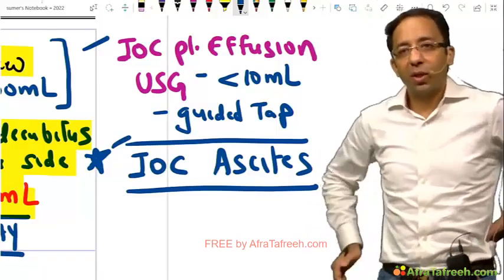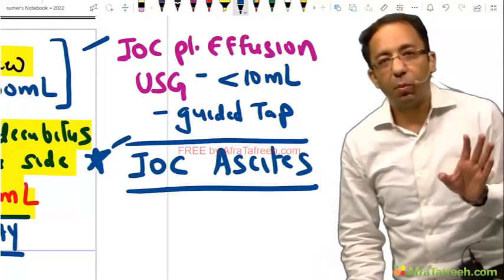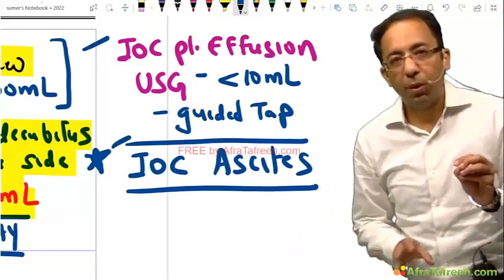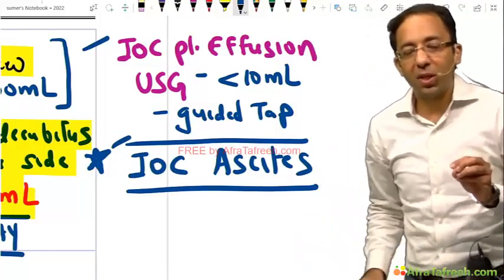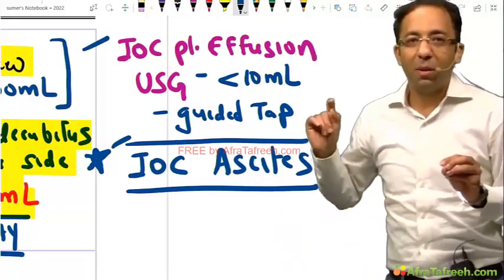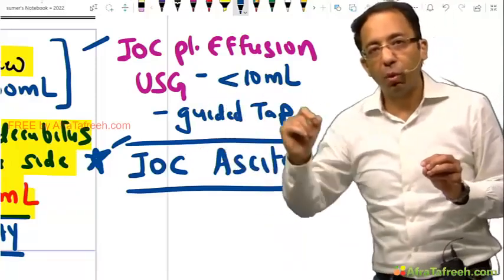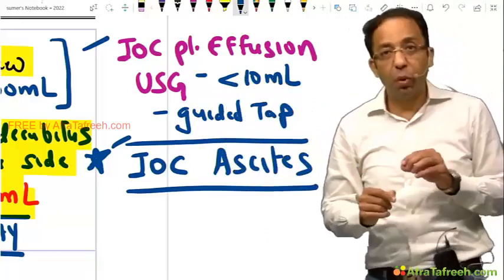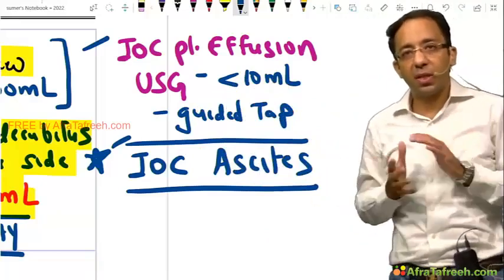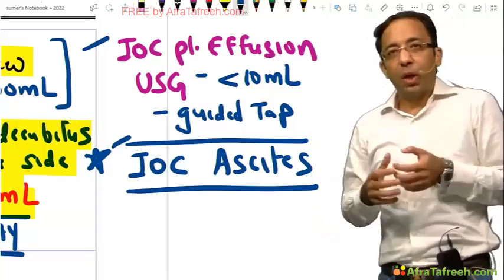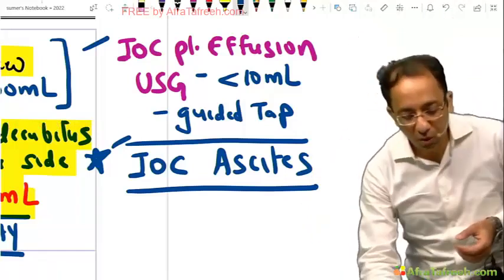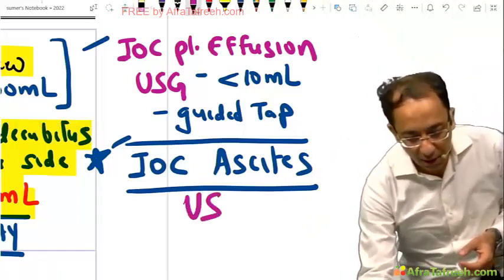What is going on? I will tell you the symmetry in our body. See, water in the pleura, pleural effusion; water in the peritoneum, ascites. I am repeating in English, don't worry, don't panic. If you have fluid in the pleura, pleural effusion. If you have fluid in the peritoneum, it is ascites. To see fluid, the logic remains the same, so the investigation of choice remains the same as ultrasound.